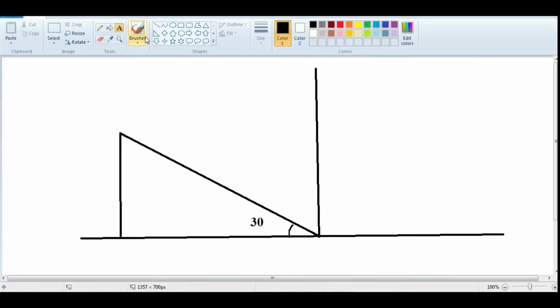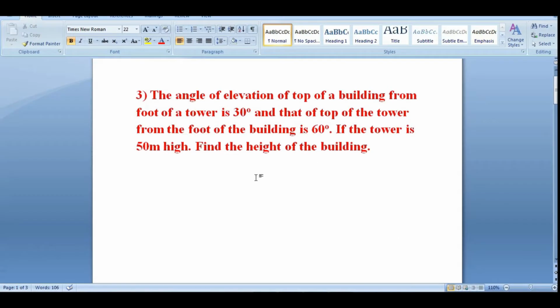So there's the building and here is the angle of elevation. This angle is 60 degree. The height of the tower is given.